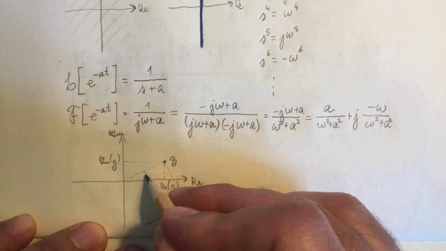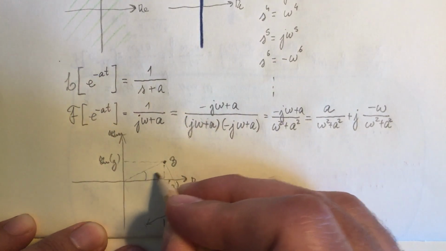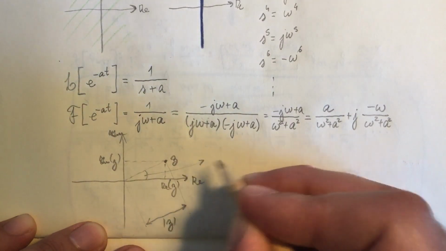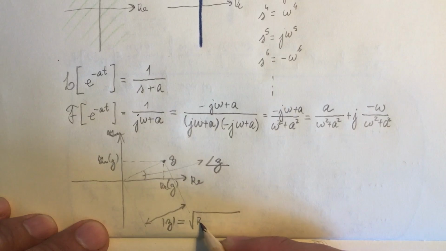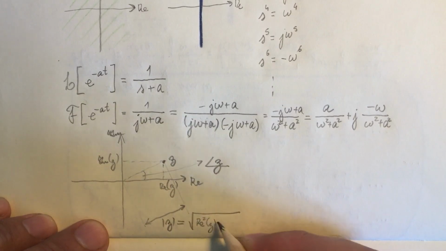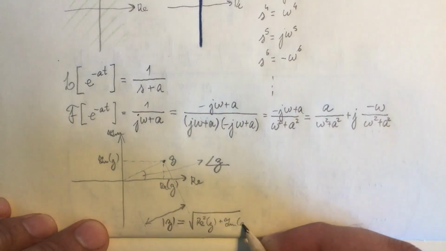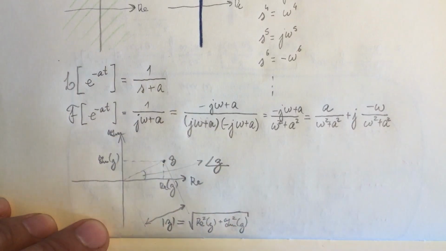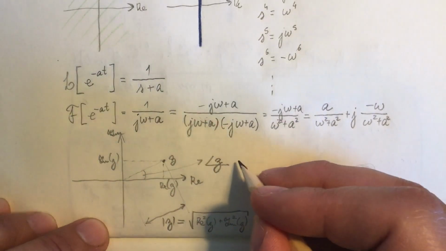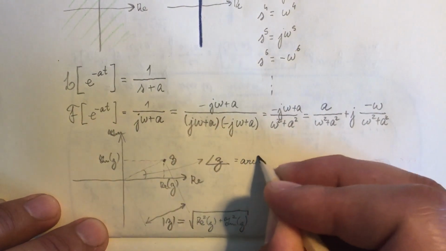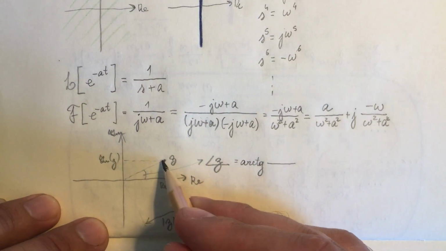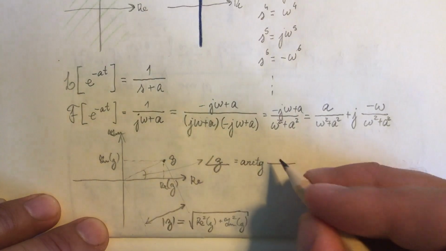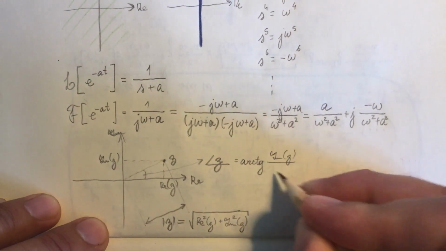This angle is very often represented like this. Trigonometrically, it's easy to see that this absolute value is given by the square root of the sum of the squares of the real and imaginary parts of the complex number, and that this angle is given by an arc tangent, which is the ratio between this imaginary part and this real part.